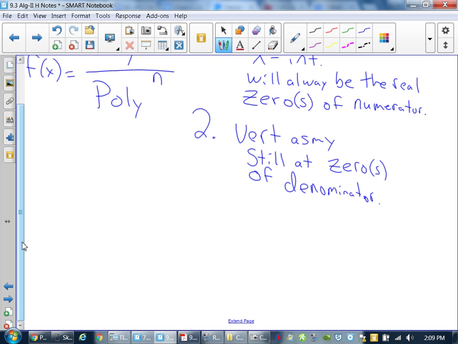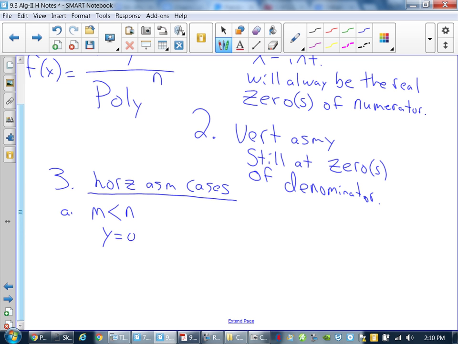So the third thing is the horizontal asymptote case. What was the first one I wrote down? M is less than n, I believe? Yeah. So if the degree of the numerator is smaller than the degree of the denominator, your asymptote is 0.